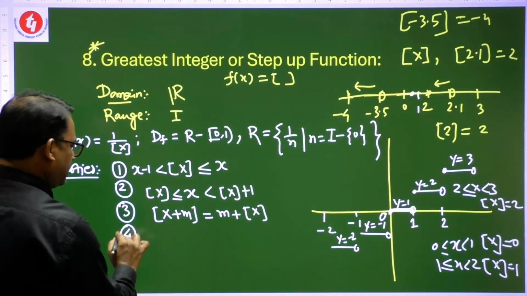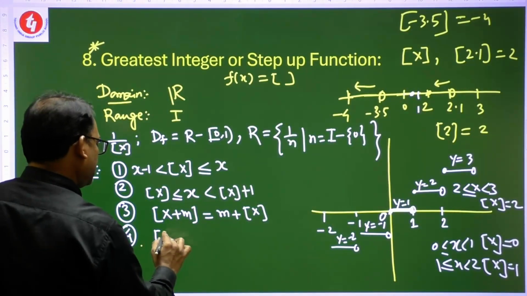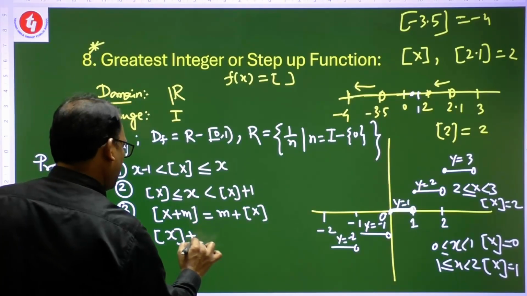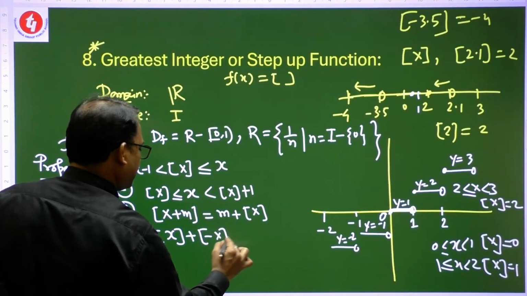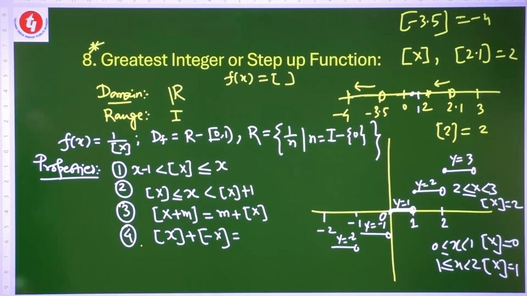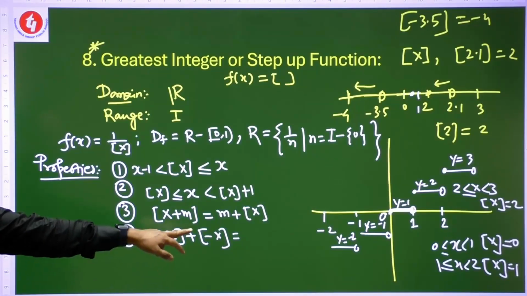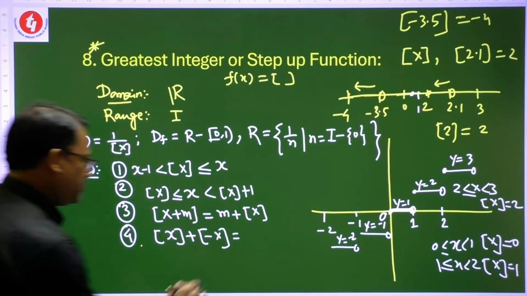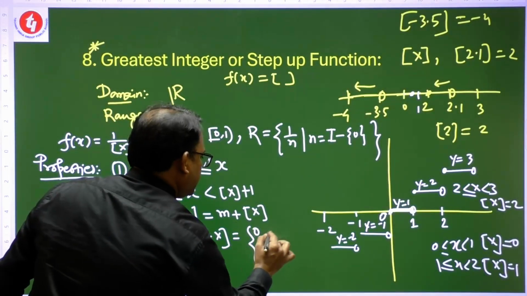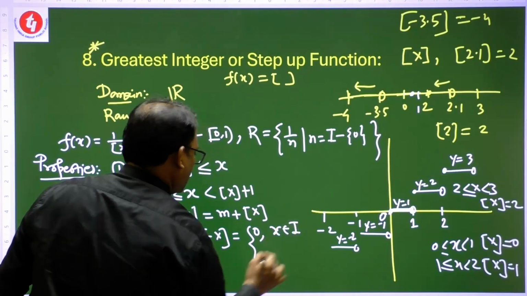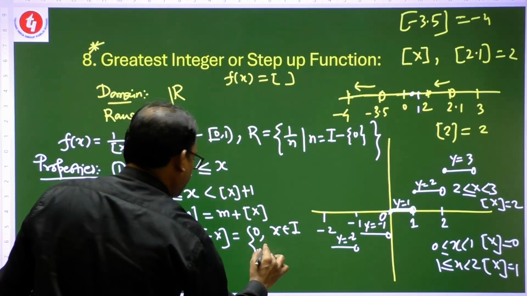Fourth point: suppose you are going to calculate box of x plus box of minus x. What will happen? If it is an integer, 2 plus minus 2, it is 0. So for an integer it is 0, when x belongs to the integers. If it is not an integer, then you have minus 1.